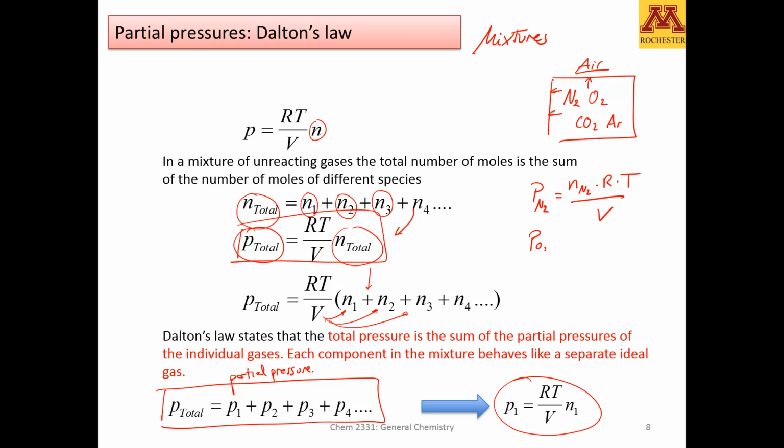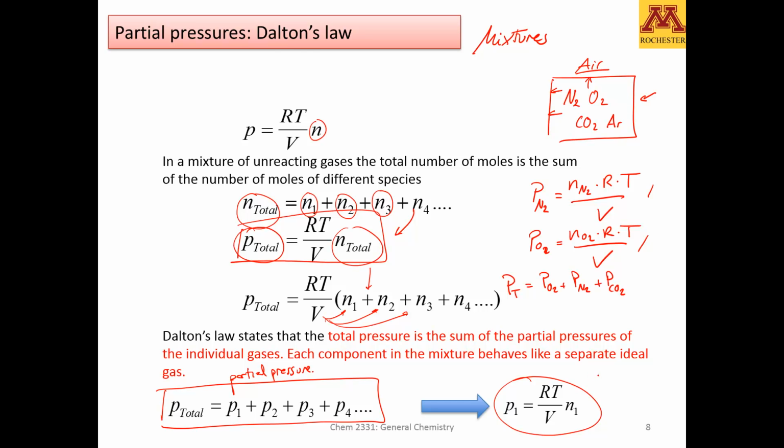And the same could be said for oxygen, which is equal to the number of moles of oxygen, RT, divided by the volume, and so on with the rest of the components, so that the total pressure in this container that we have drawn here would be the pressure of oxygen plus the pressure of nitrogen plus the pressure of CO2, each of them calculated with their own tiny or pet ideal gas equation.